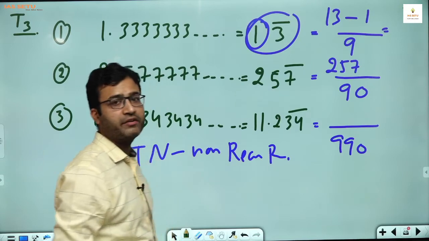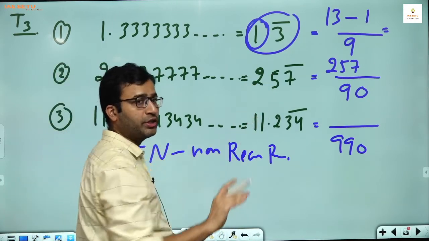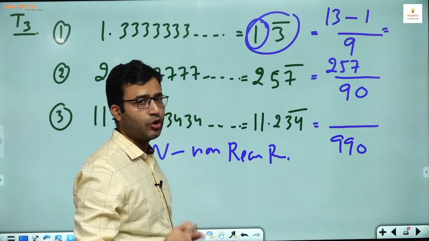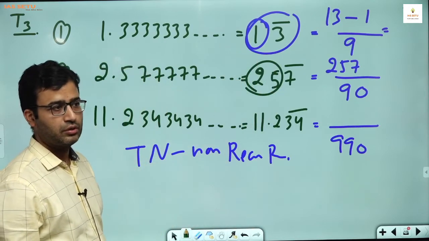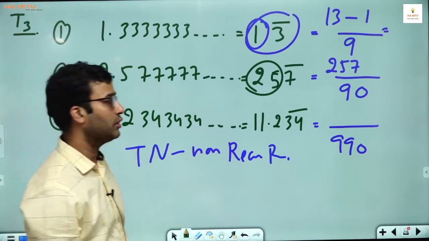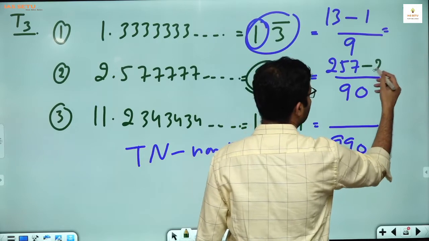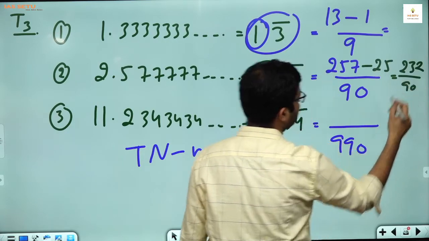This is 2.5777. Now you tell me, total number is 257. What is non-recurring here? 25. Neither 2 nor 5 is repeating, so 25 is non-recurring. So minus 25, we get 232 upon 90.